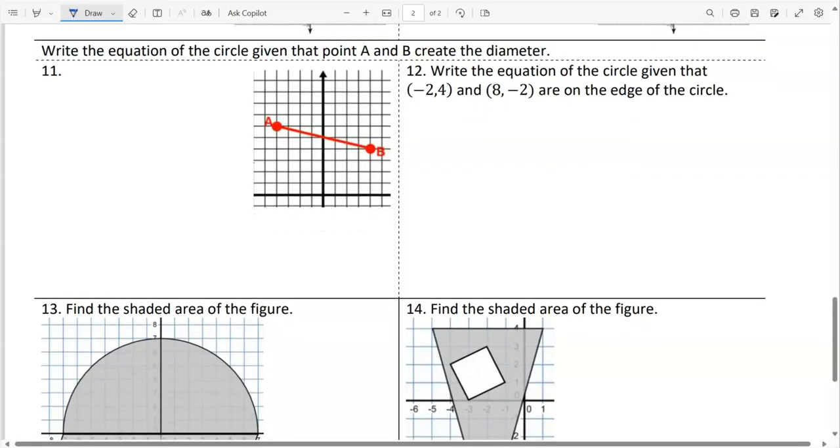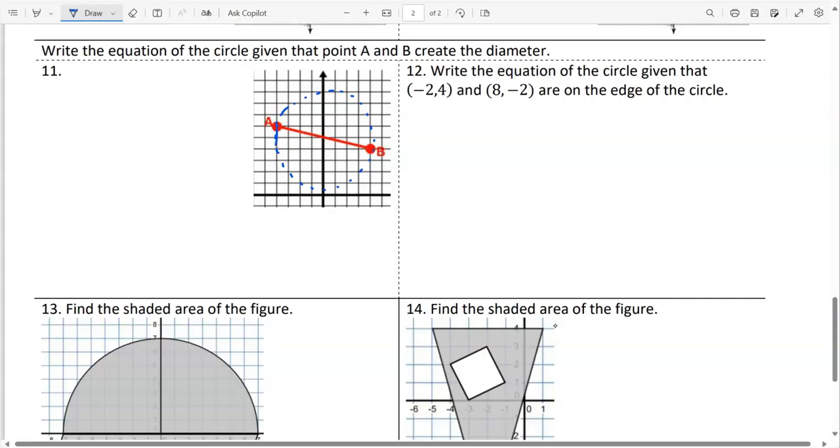Write the equation of a circle given that the points A and B create the diameter. Okay. So we want to have a circle that looks like that. That's the approximate one. So we have to find our midpoint.